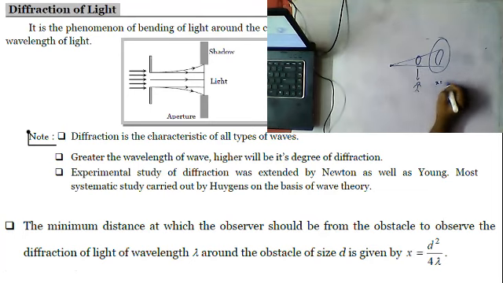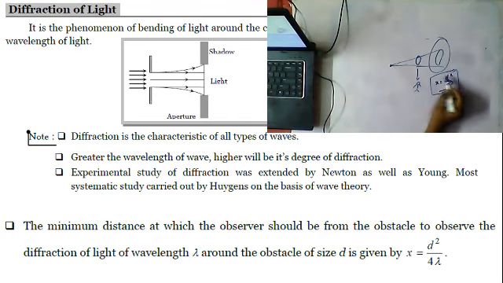That is x equal to d square by 4 lambda. If the distance is of this range, then only a person can observe the diffraction. Otherwise we are unable to observe the diffraction.